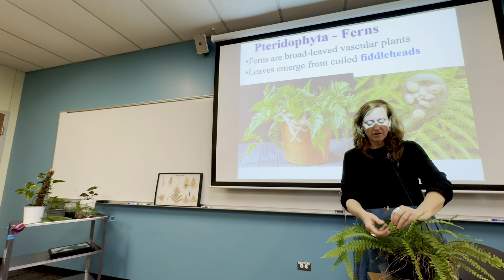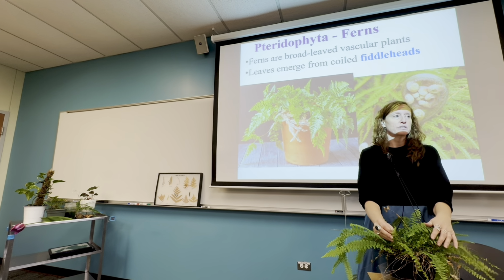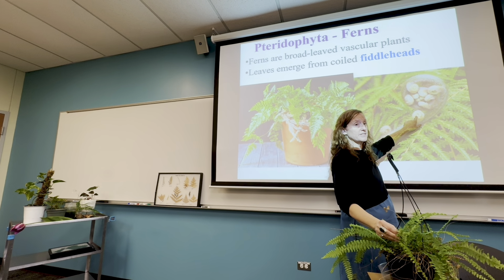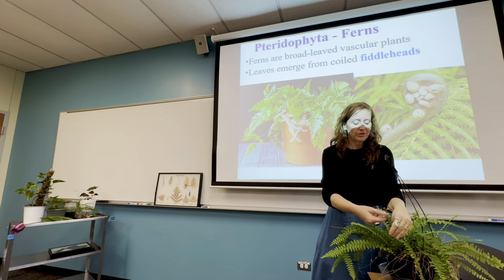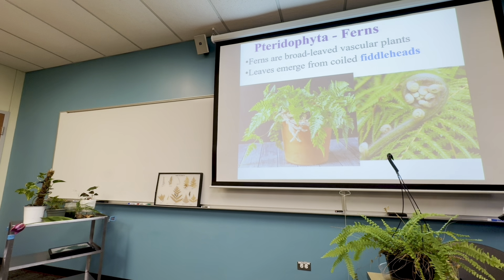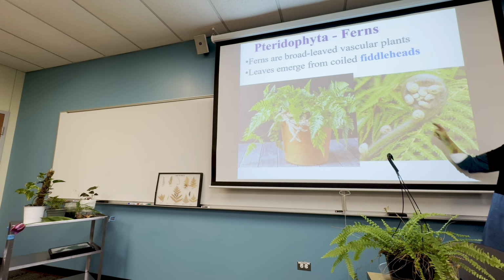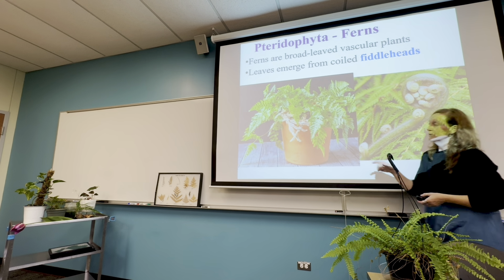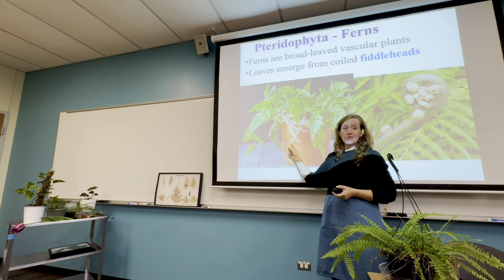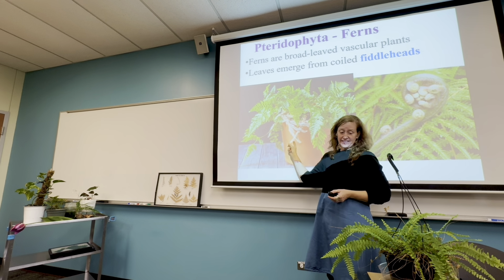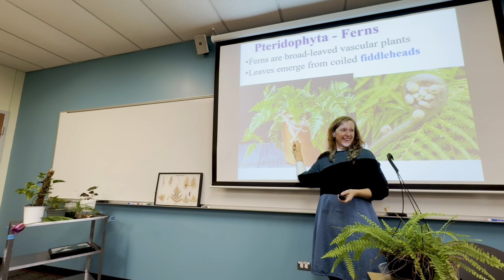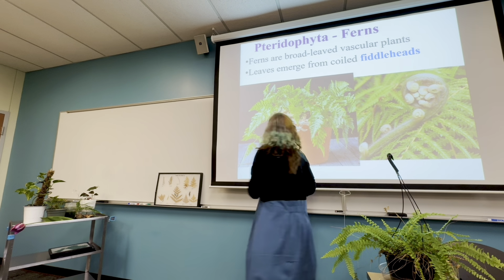So this here is going to start out as what is called a fiddlehead. You can see them, they start out really, really tight, and then they start to unroll. This one I don't see any fiddleheads, but you may see fiddleheads on ferns. The other thing that you may see is that they have root systems that come out like this. This one doesn't have it, but they look like hairy, almost like spider legs, and this is part of their root system.